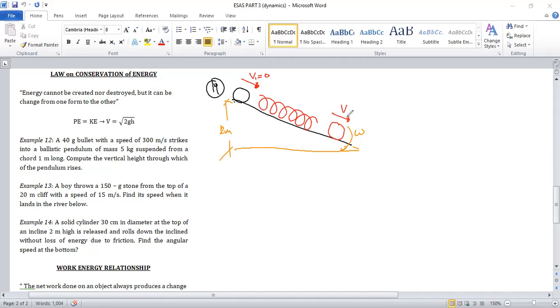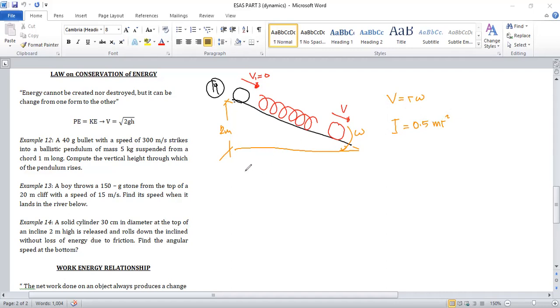First we have to establish the relationship between V and omega. From our previous discussion, V is equal to R multiplied by omega. And also the inertia of a solid cylinder is 0.5 or 1/2 mr squared.